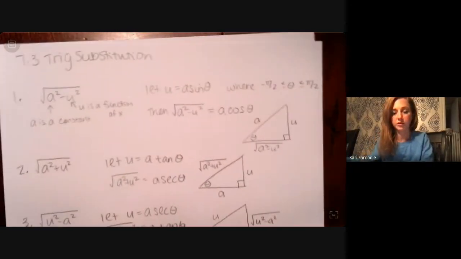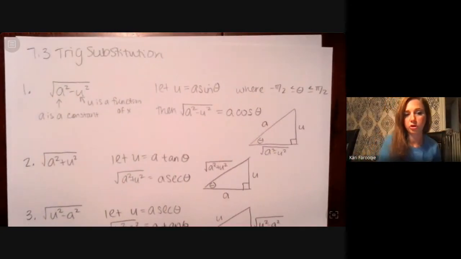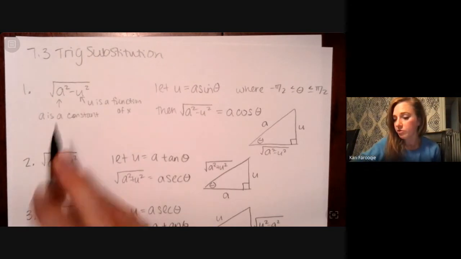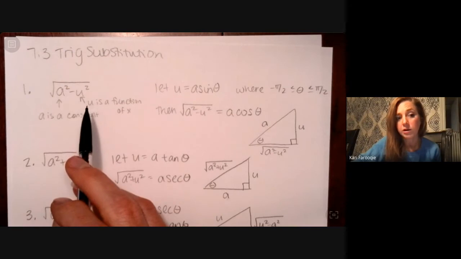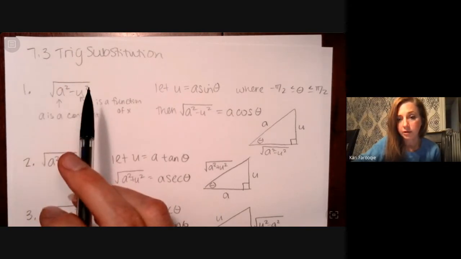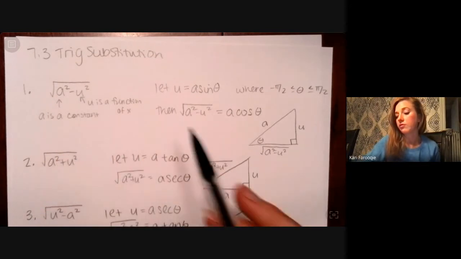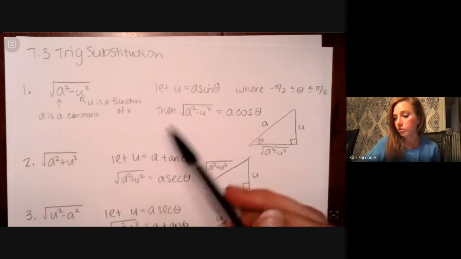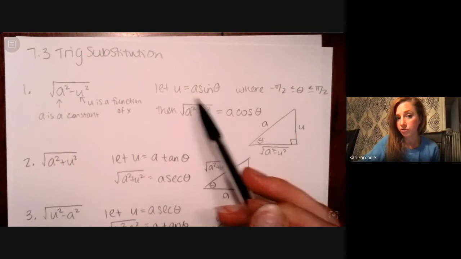So I'm going to remind you, though, we were given some formulas for trig substitution. We worked with one of them in example 1. It was the square root of a squared minus u squared. Remember that we're just looking for this form under the radical in the integral. And if you see one of these forms, you can go ahead and set up the substitution just the way it's listed.